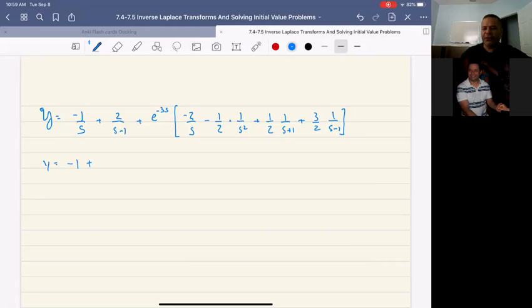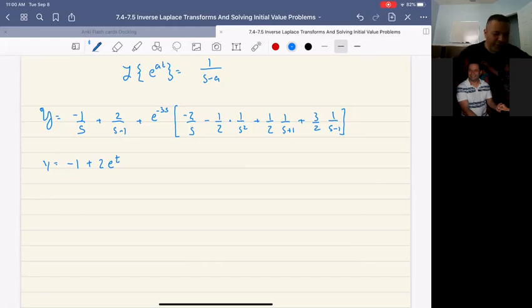Plus 2 over s minus 1, that's 2 e to the t. You just got to remember Laplace transform of e to the at is 1 over s minus a. That's just what we got to remember.